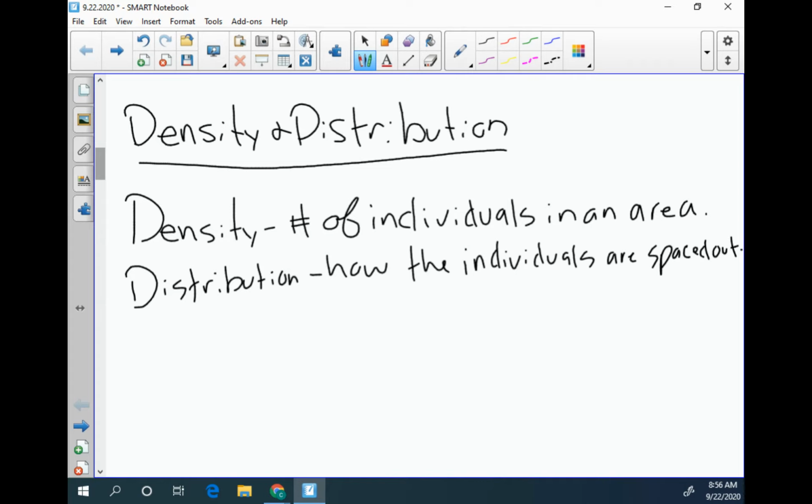When we talk about distribution, there are three main types of distributions that people talk about. So, there are three types. We're going to note that in three little areas.